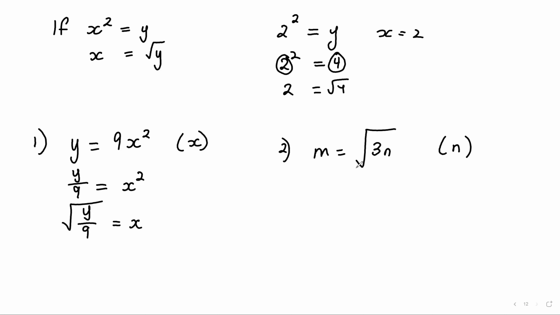Well, the opposite of square root is squaring. So this would be m squared is equal to 3n. Right? And if m squared is equal to 3n, remember, to get rid of the coefficient, you divide by the coefficient. So m squared divided by 3 is equal to n.